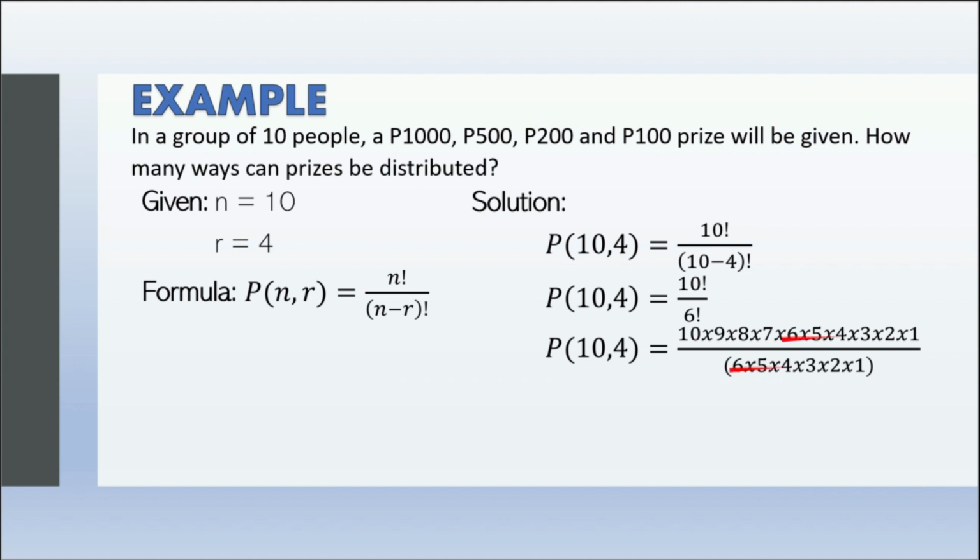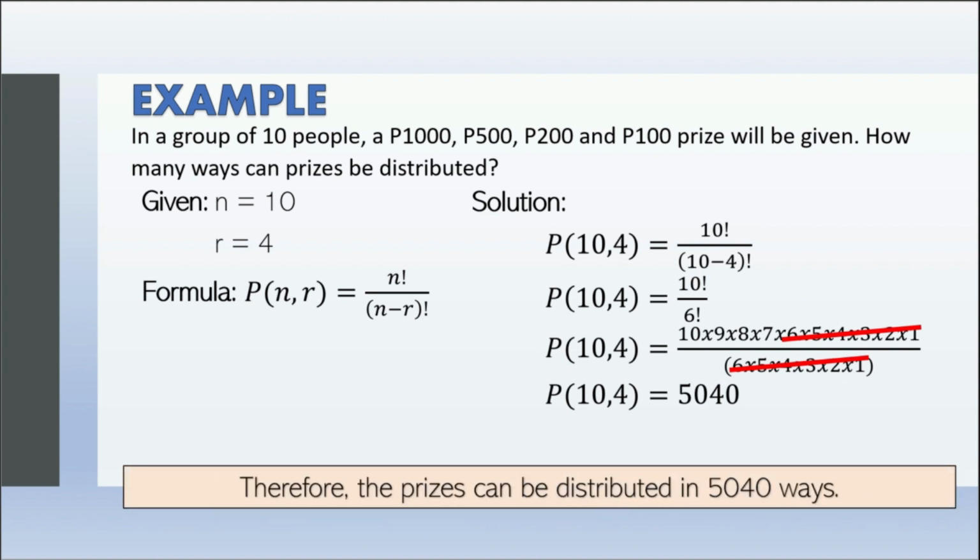We canceled out 6 times 5 times 4 times 3 times 2 times 1. The remaining terms that we have now is 10 times 9 times 8 times 7, which is equal to 5,040. Therefore, the prizes can be distributed in 5,040 ways.